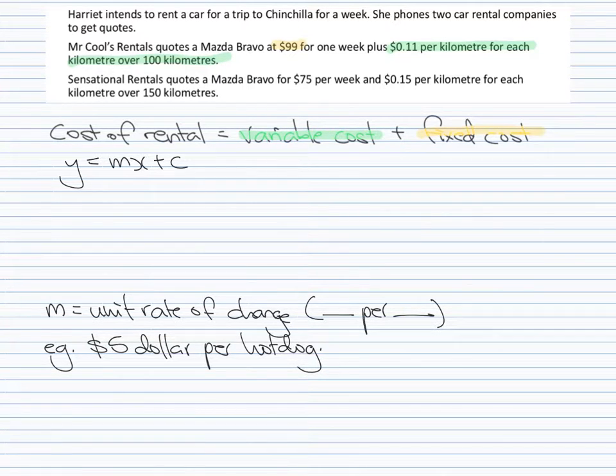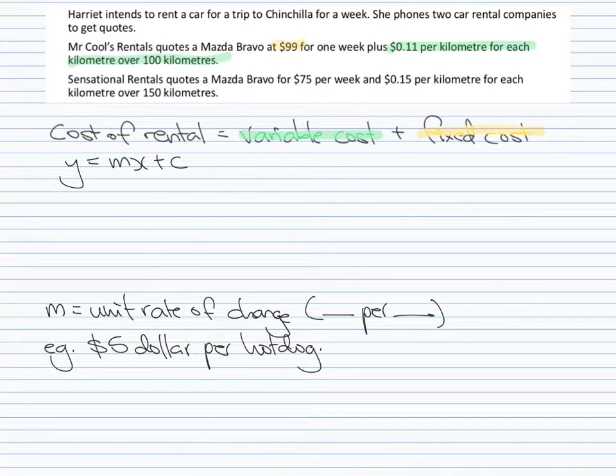So obviously the c represents a fixed cost that I have, and mx in this case tells me about the variable cost. And the m talks about the unit rate of change, or something per something. So for example, it is $5 for every hot dog that you want to buy.